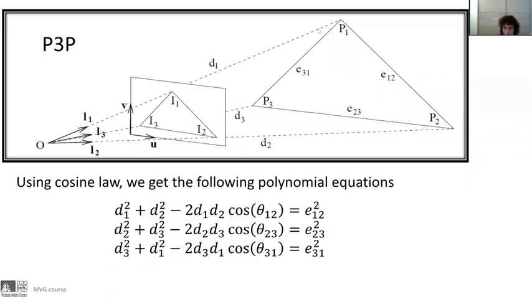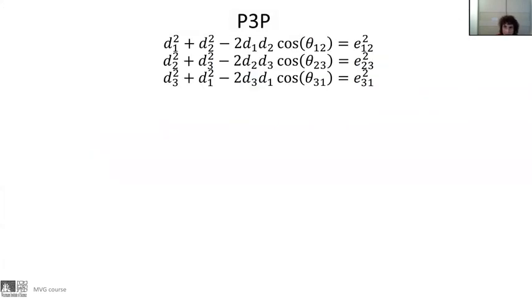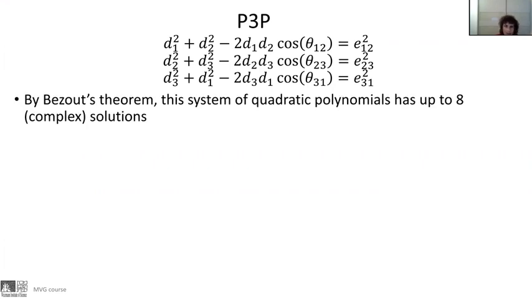Okay, so let's continue. So I have 3 polynomial equations. Each of them I got by the cosine law for each triangle. Actually, it can be solved by solving a system of quadratic polynomials.